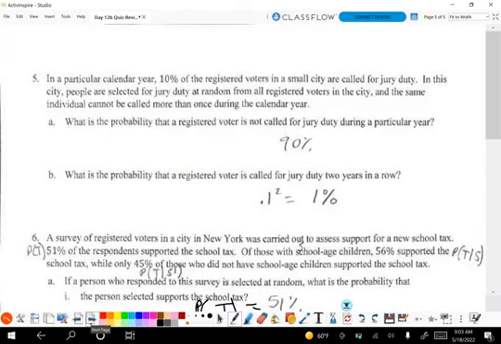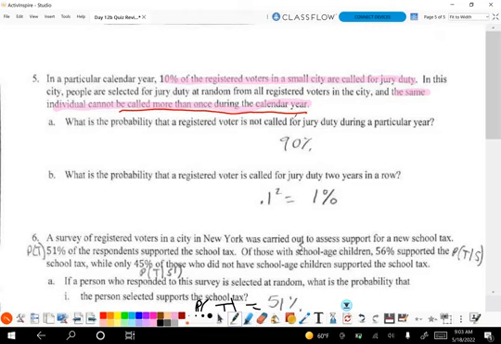Number 5. In a particular calendar year, 10% of the registered voters are called for jury duty. In the city, people are selected at random from all the voters, and the same individual cannot be called more than once during a single calendar year. Be careful here. This has nothing to do with our questions below in terms of replacement.